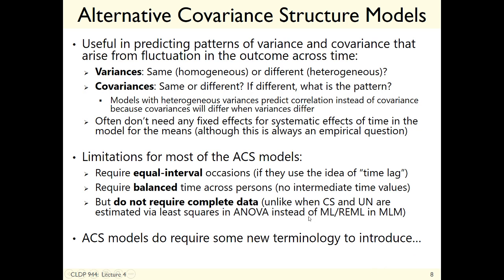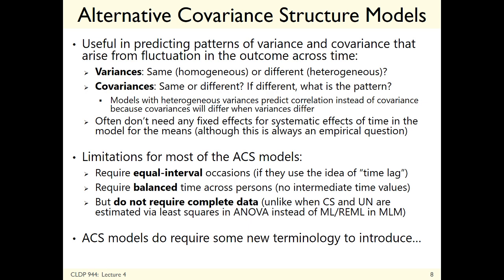So these choices then for alternative covariance structure models, there's basically 2 decisions you have to make. So what we're trying to do is find a pattern for the variance covariance matrix that matches the data as well as possible, spending as few degrees of freedom as possible to do it. Simple but good. That's what we're going for. Question 1, are the variances the same or different?